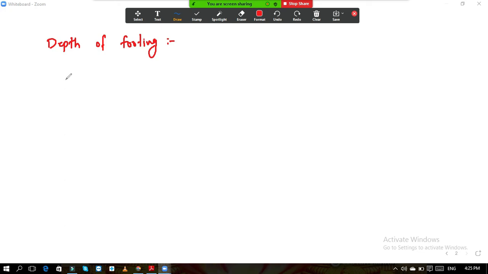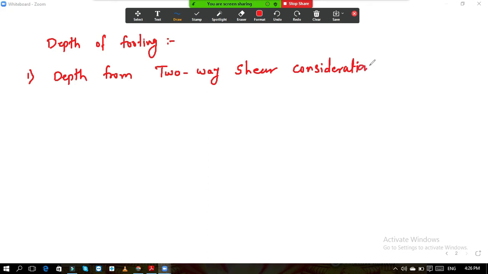So first, depth of the footing. The first point is depth from two-way shear consideration, also called punching shear consideration.